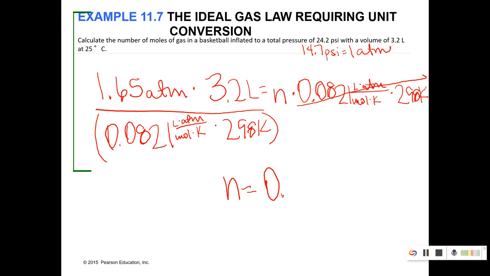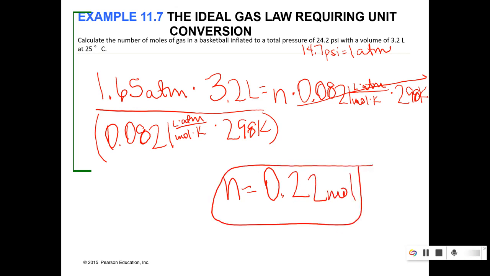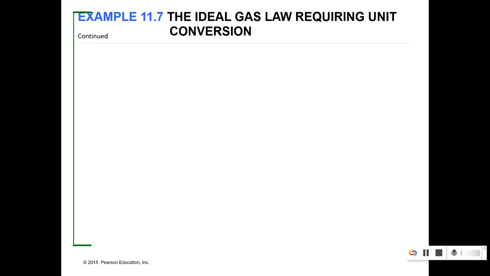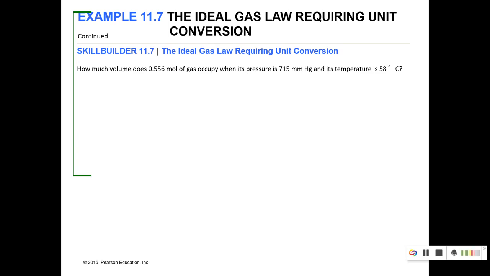I get that N is 0.22 moles. That's how many moles are in that basketball. Okay, they walk you through it. 0.22 moles.